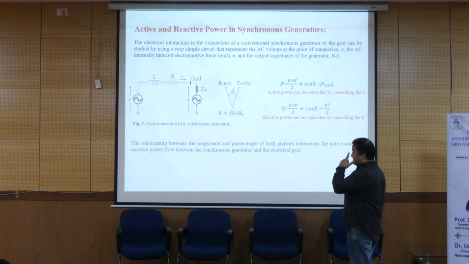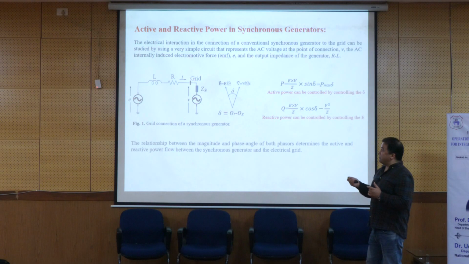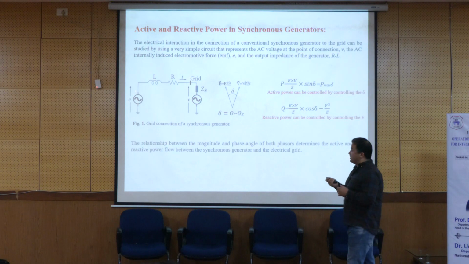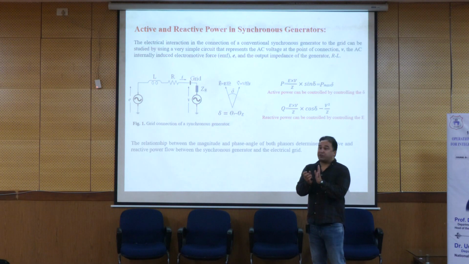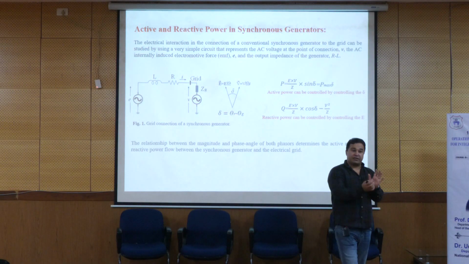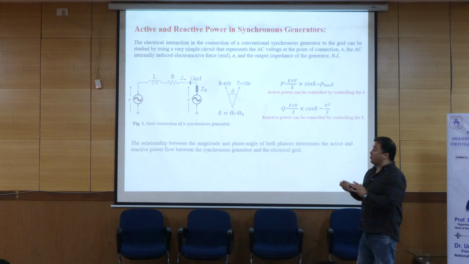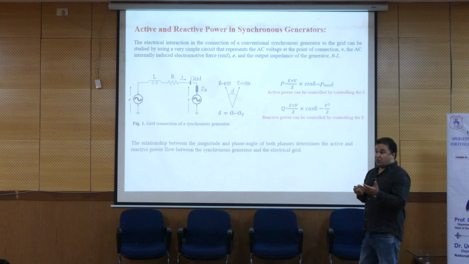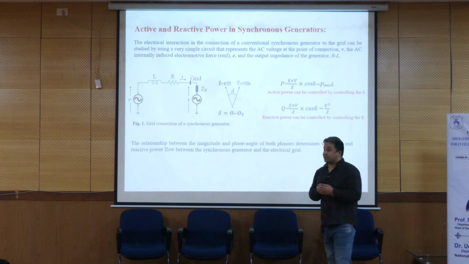So what we can see is that we have a voltage source here, which is going to connect to the voltage of the grid, and by this we have a voltage E, and the phase can be theta. Theta can be anything between 0 to 360, and the grid also has the theta of the grid, which can also be between 0 to 360.